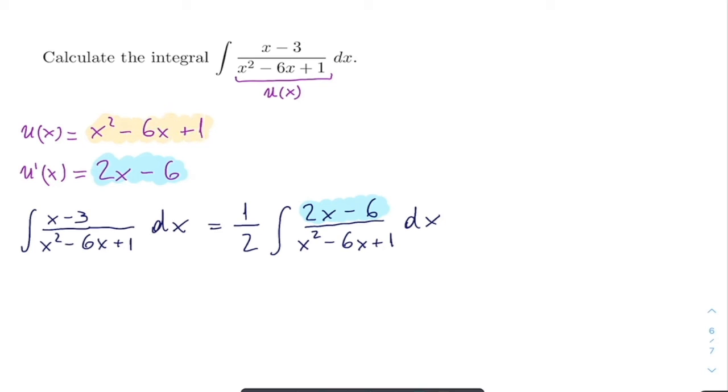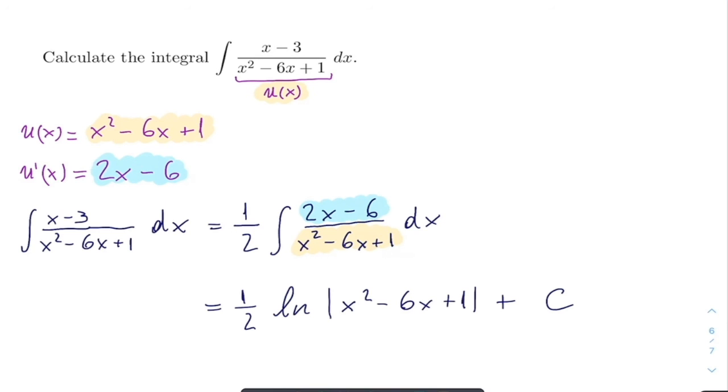So we have our u, which is this one here. So the formula says now that this is 1/2 the logarithm of the absolute value, careful there, you need to include the absolute value, of x squared minus 6x plus 1 plus a constant.